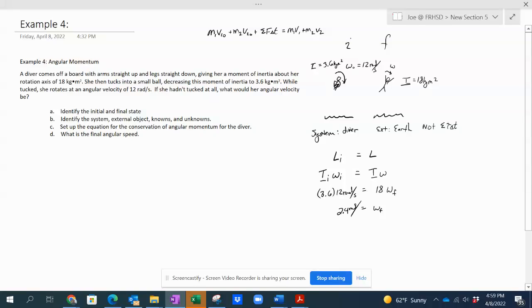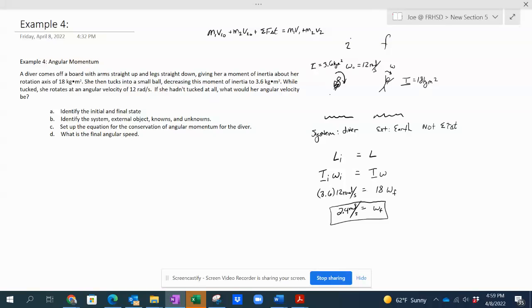This idea compares to that which we discussed in class, where if your arms are close to the axis of rotation, it's easier to spin. If they're further away, it's harder to spin. There's no external torque. Instead, you're essentially changing what would be the equivalent of mass here, but it's not mass because the mass of the person stays the same.